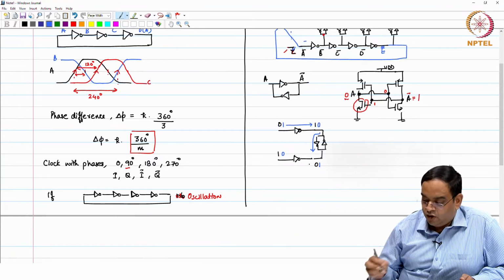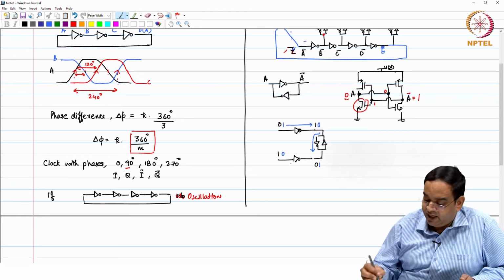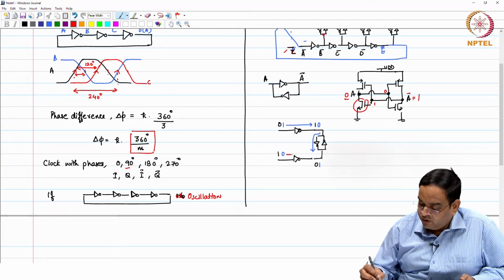Also, at the same time, the 0 here will make this output as 1, and through this inverter it will try to enforce this as 0.